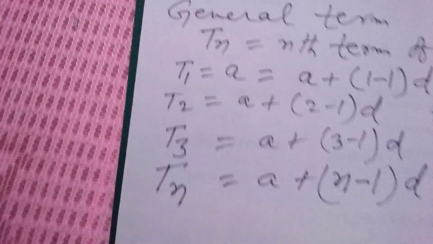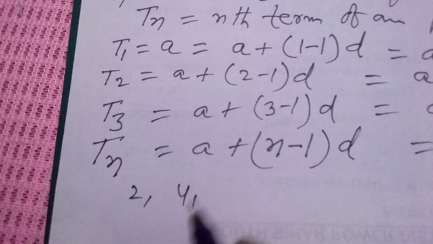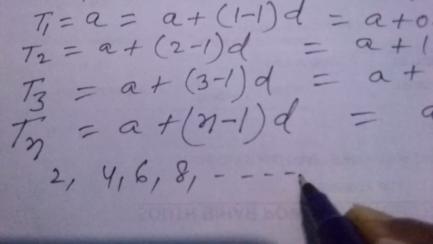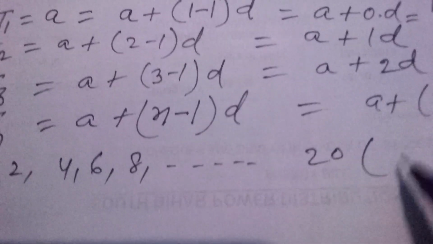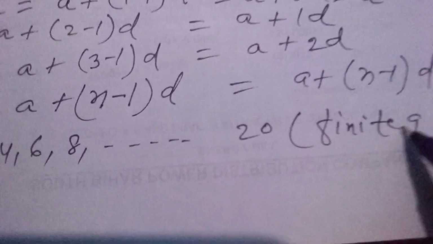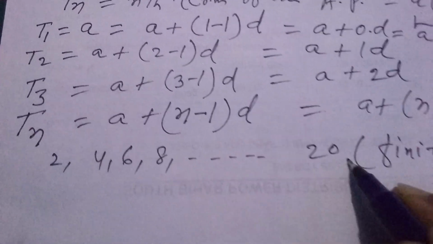Like this, suppose in the first case, 2, 4, 6, 8, until 20. You see, it is a finite sequence because it has a limited number of terms.